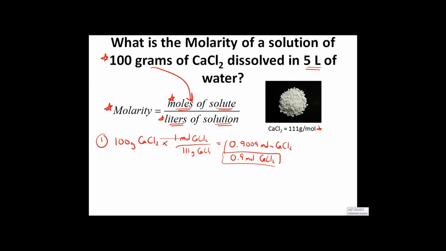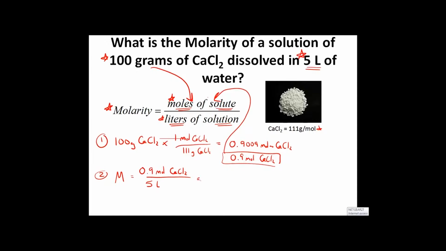I'm going to substitute that up here now. So step 1 was converting from grams into moles. Step 2 is going to be using our molarity formula. Now, we shorten molarity to be capital M. Molarity equals moles, which is 0.9 moles of calcium chloride, divided by the liters of solution, and we said earlier we have 5 liters of solution.